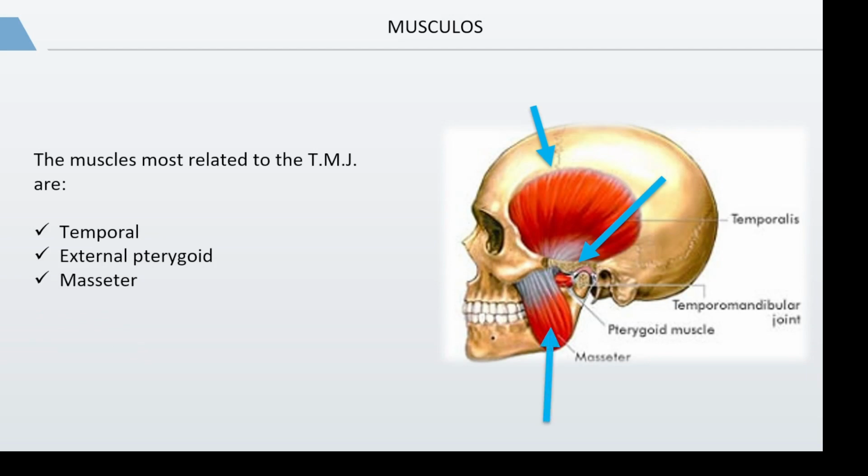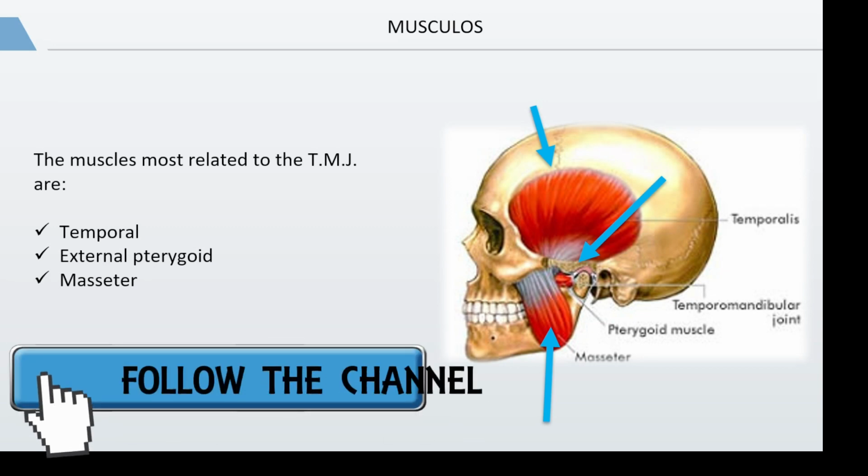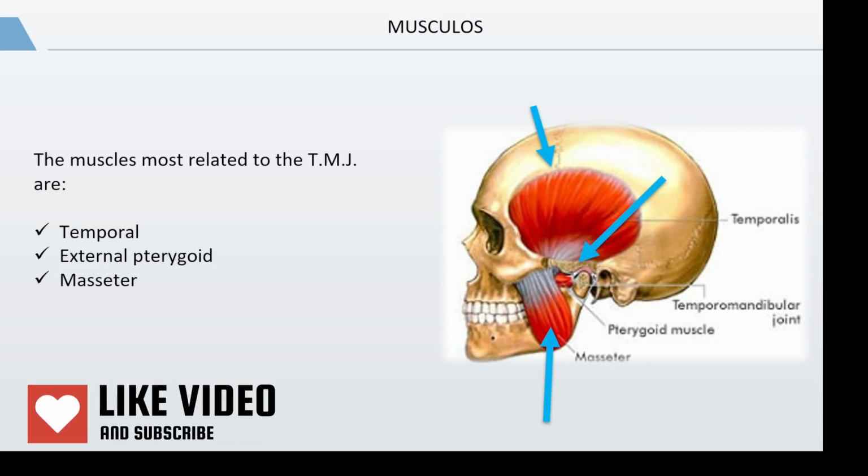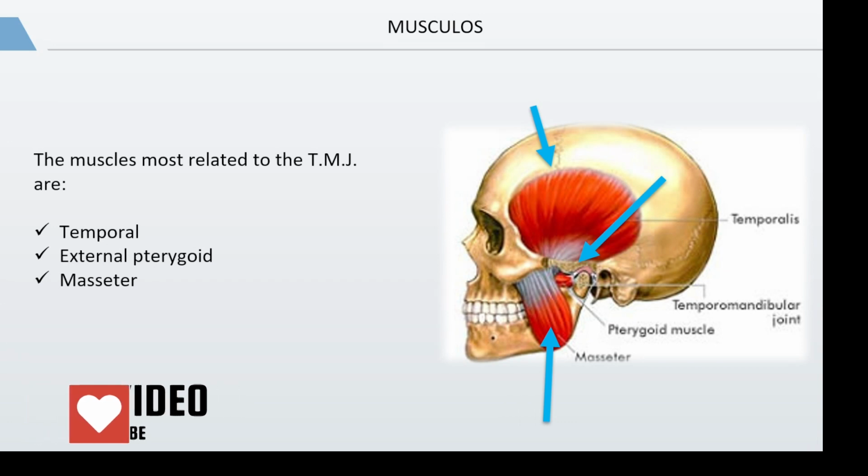And the masseter, another elevator muscle of the craniofacial muscles. Three muscles work directly with the TMJ, in the movement and in the forces that we use every time we close our mouth.